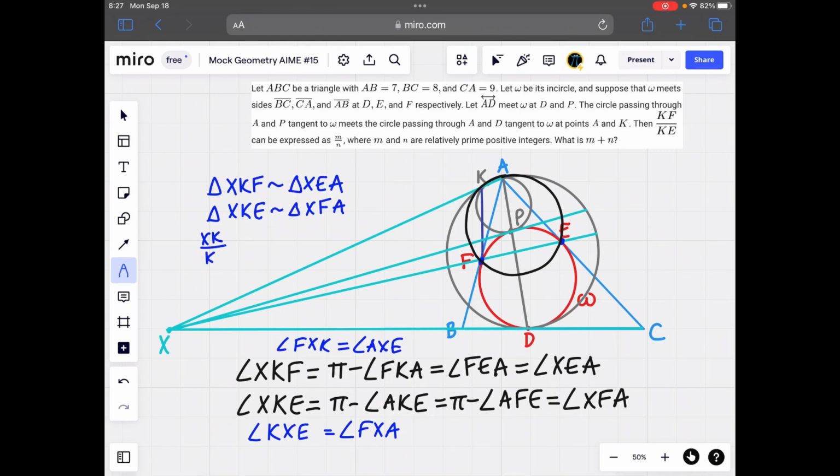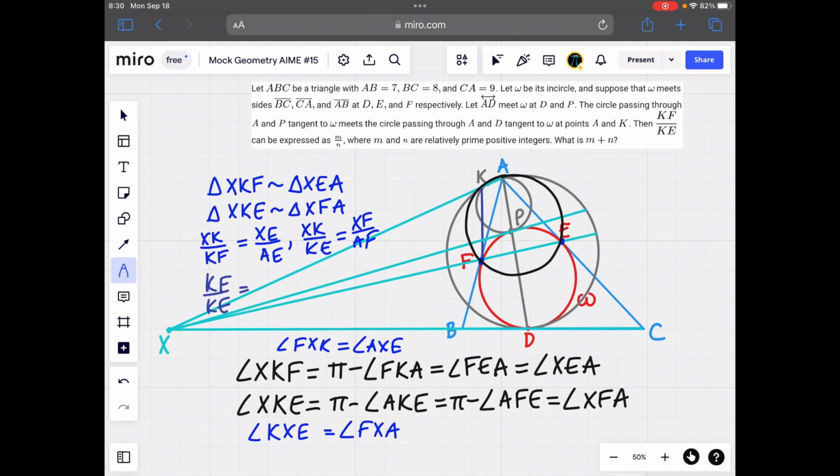So we have XK over KF equals XE over AE. And from the second one, we have XK over KE equals XF over AF. From here, we can find KF over KE.